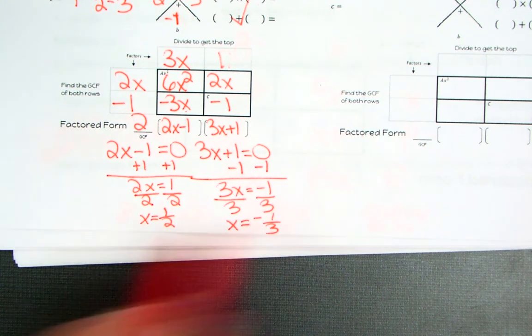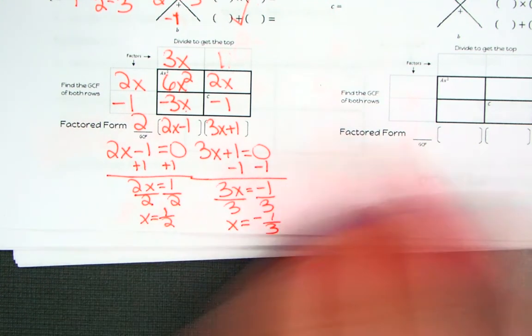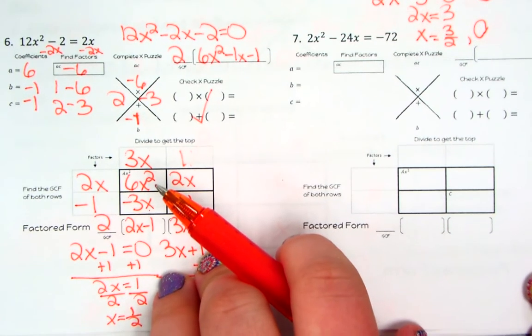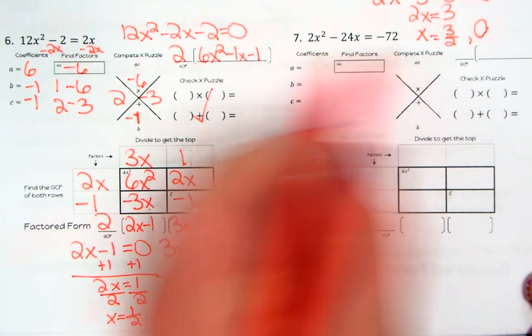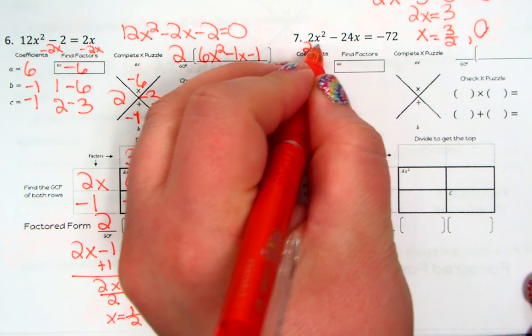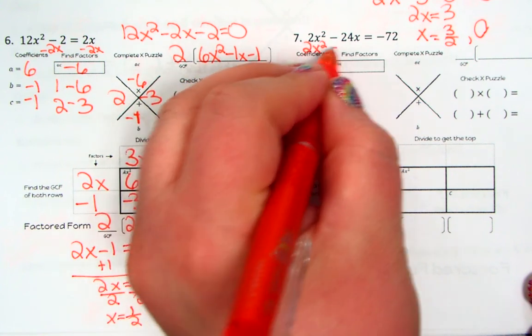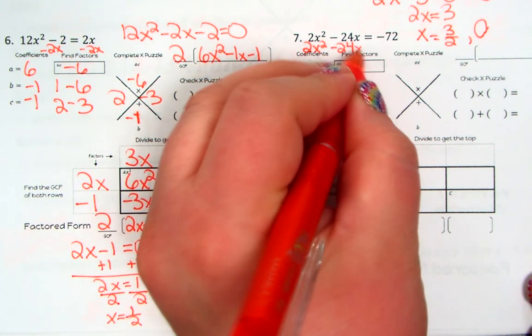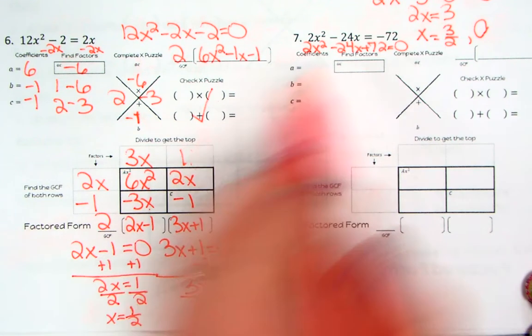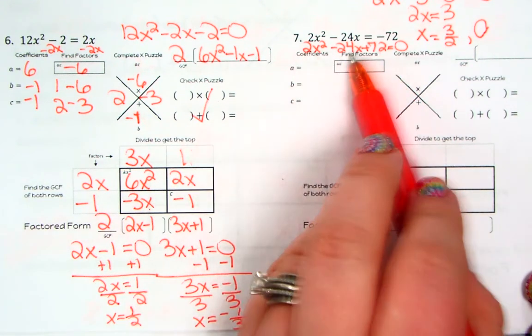So there's my solution. For our last problem, we'll need to add 72 to both sides. So we'll have 2x squared minus 24x plus 72 equals 0. What can I take out of all of the pieces?